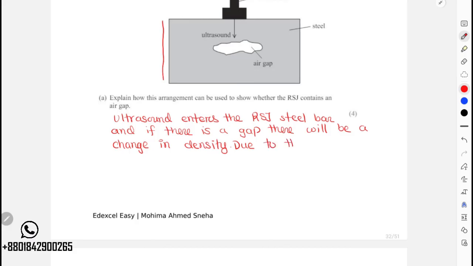Due to this, rays will be reflected, which are received by the transducer.